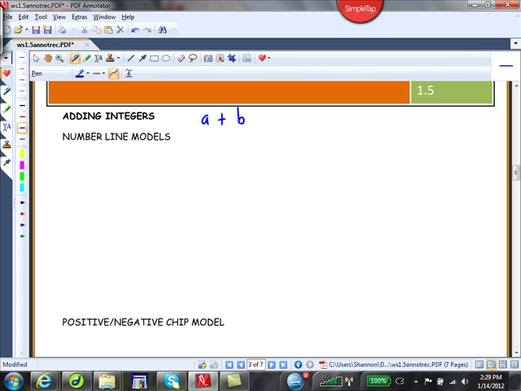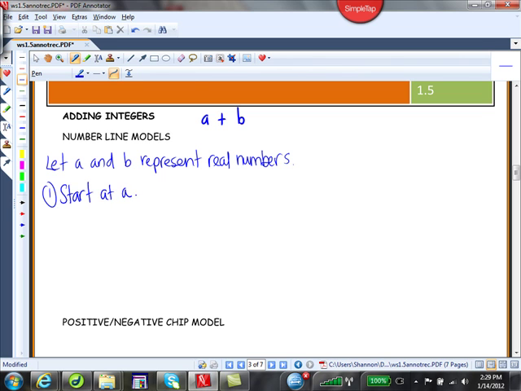So for number line models, let a and b represent real numbers. First off, one way to do it is to start at a.